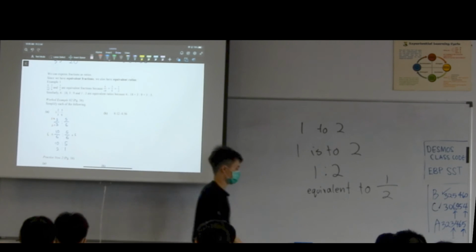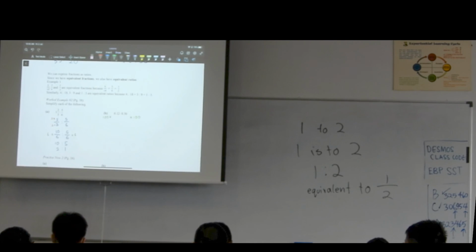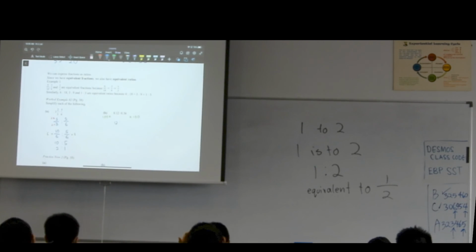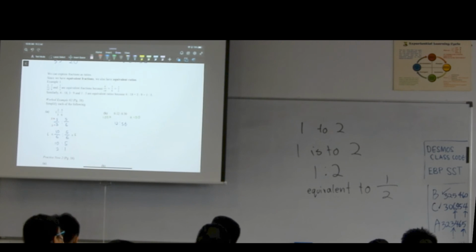Alright? Next, so we come to here. What I'm going to do is multiply 100 to both sides of the ratio. And I'll have 12 is to 56. See, it immediately becomes an integer. If you have decimal numbers remaining on either side of your ratio, you are still wrong.